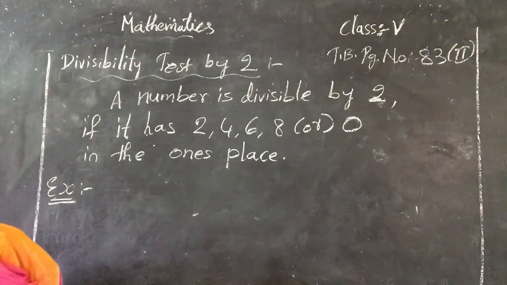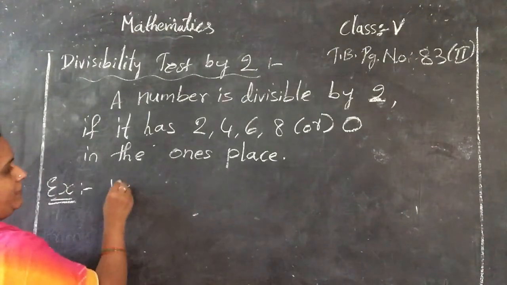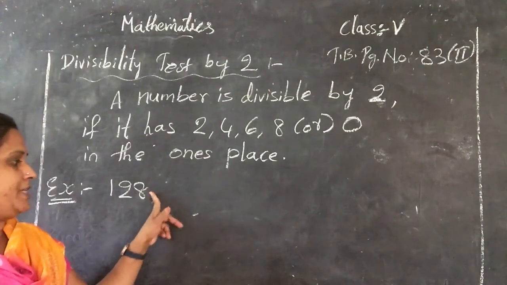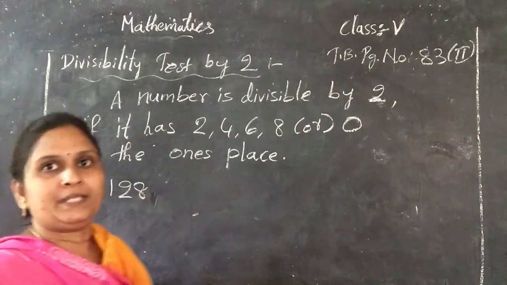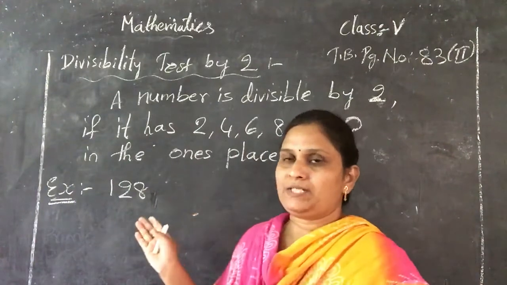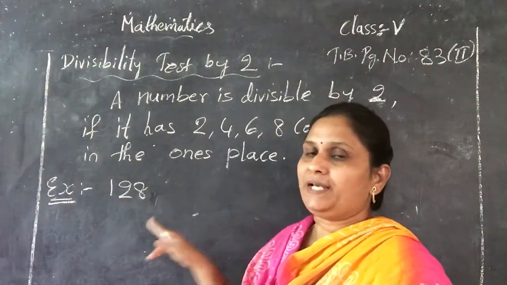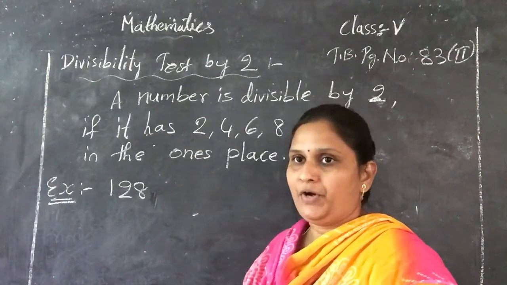From section 2A, 128 number is there. Okay, and remaining numbers you have to check. I am taking 128 from that concept only. Okay, so now we have to check whether 128 is divisible by 2 or not.